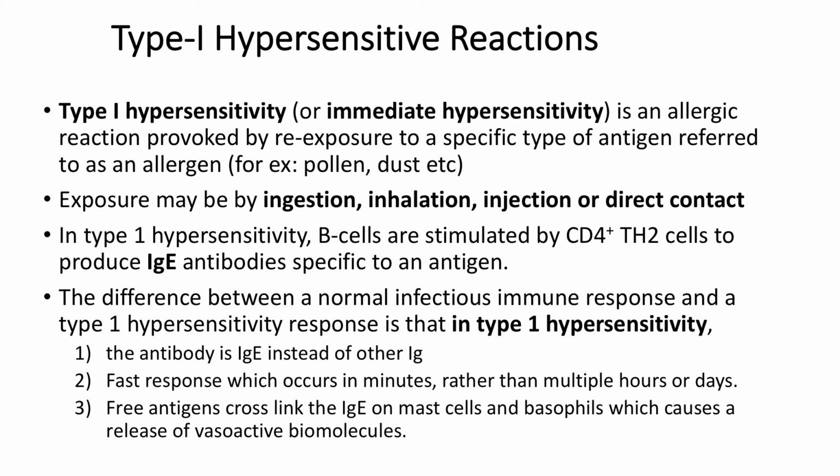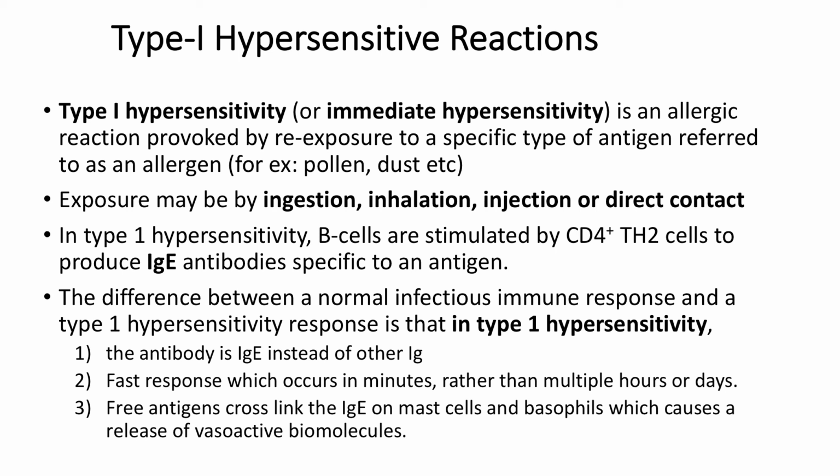In type 1 hypersensitivity, B cells are stimulated by CD4 positive T helper cell 2 to produce IgE antibodies specific to the antigen. This is to be noted here.